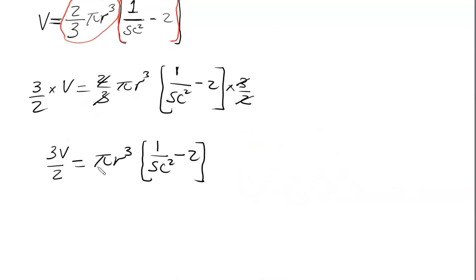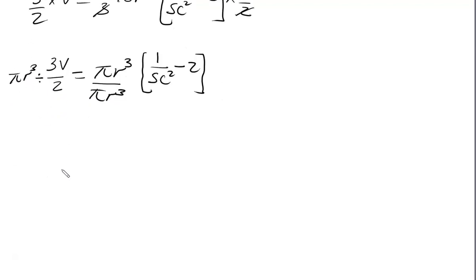We're only remaining with pi r cubed, which multiplies our bracket. So we can remove pi r cubed from the right hand side so that we remain with only the bracket to deal with. This can be done by dividing by pi r cubed. Now this cancels out.